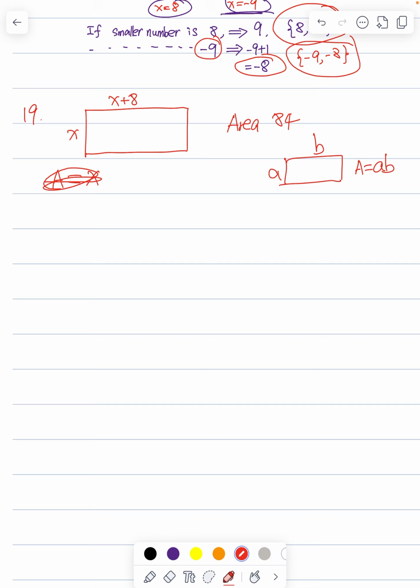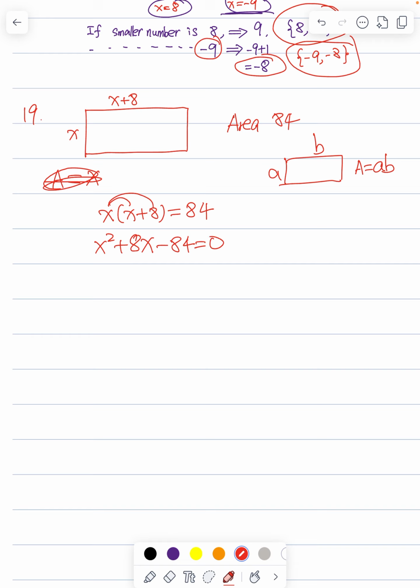So for this one, the width times the length equal to 84. Now let's solve it. x times x is x squared, x times 8 is 8x, and I'm moving 84 to the other side.